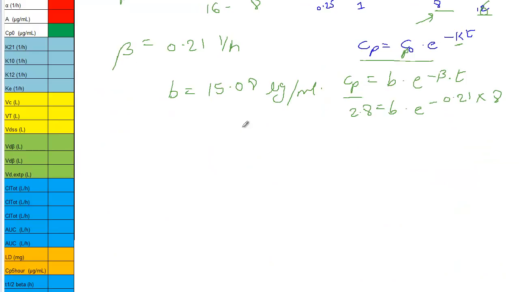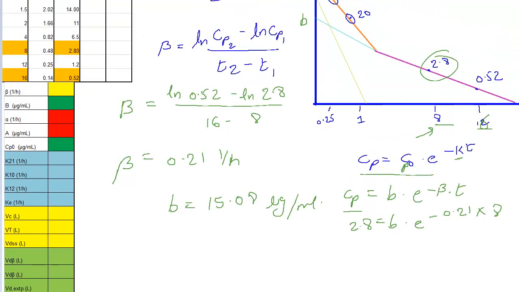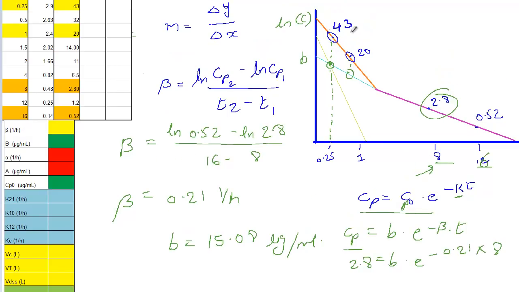Okay, now that we know the beta intercept, the next thing is we have to find out the extrapolated Cp for the corresponding time points of the actual plasma concentration. So 43 microgram per ml at 0.25 hour. So we're going to find out Cp extrapolated at 0.25 and 1 hour.